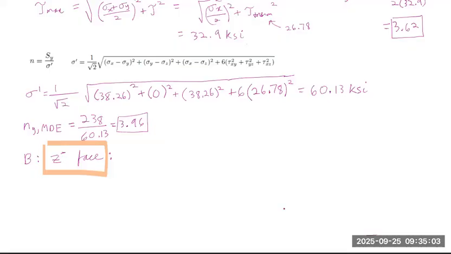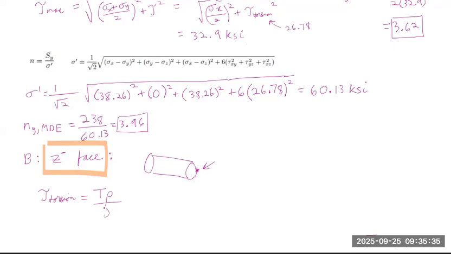Okay, I'm going to write it more cleanly now. This is the Z minus face that we're concerned with. And at that face, as we mentioned earlier, there is also shear due to torsion. This is actually the same as we found earlier, since torsion is only a function of the radius over the polar moment of inertia.